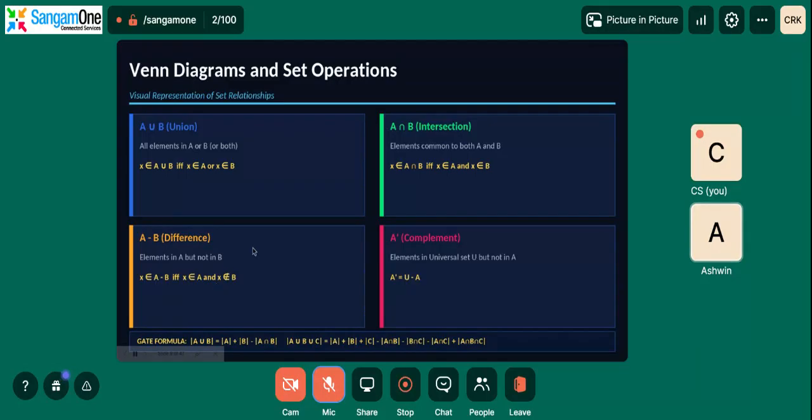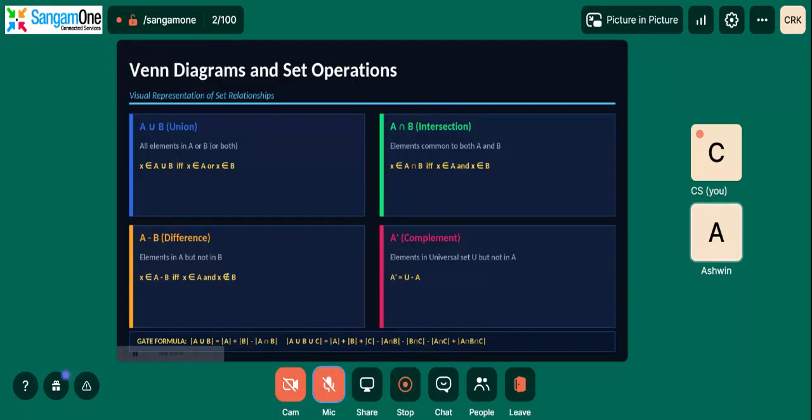Then moving on to A complement: elements in the universal set U but not in A. If I consider real numbers and irrational numbers, the union contains all the numbers of the set.